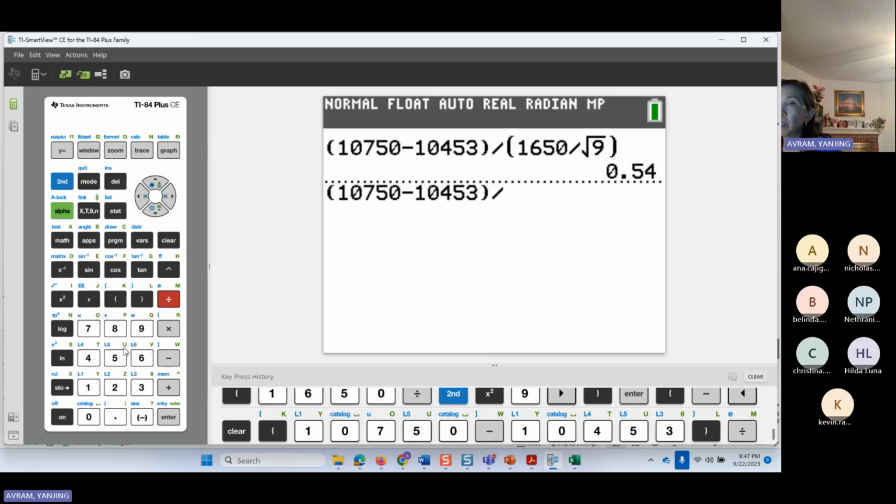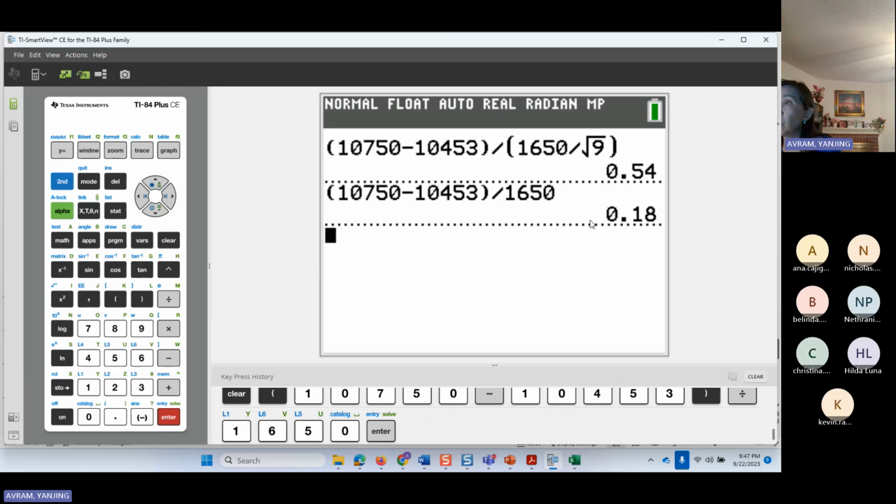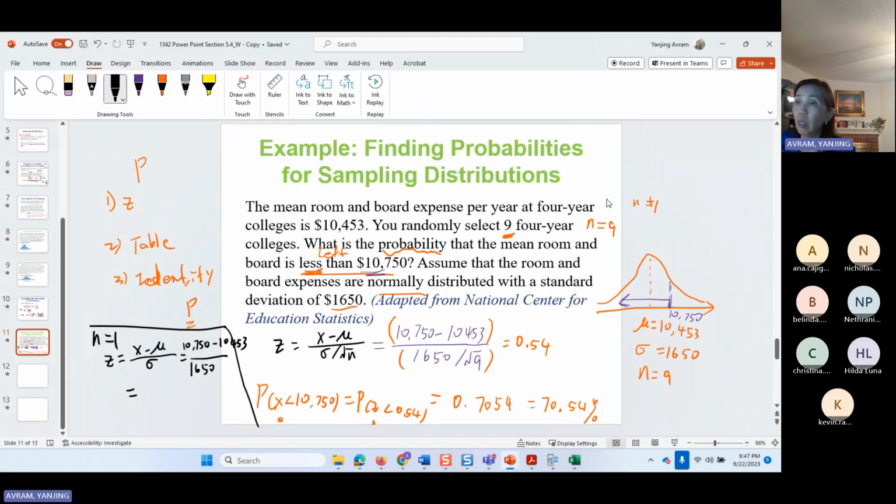Divided by 1,650. I don't need a parenthesis for the denominator because it's only one number. I need a parenthesis when it has two numbers. So my z-score here becomes 0.18.